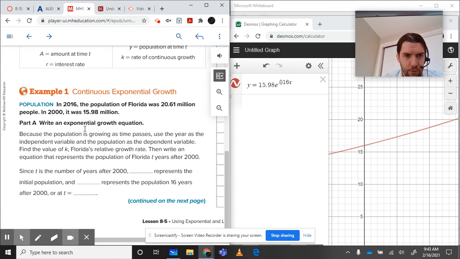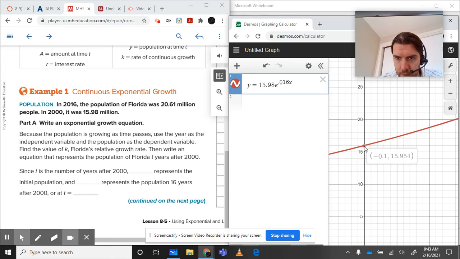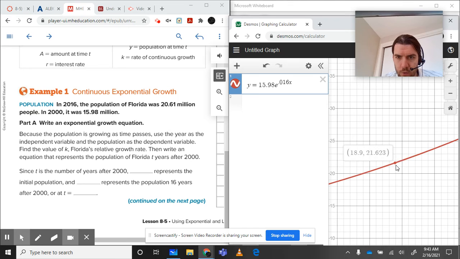In the year 2000, they had 15.98. Let's see if we get that. 0 and 15.98. And then at the year 2016, so we're going to move over by 16 units, we should be at 20.61, hopefully. 16 puts us at 20.64. Okay, that's because I did some rounding.